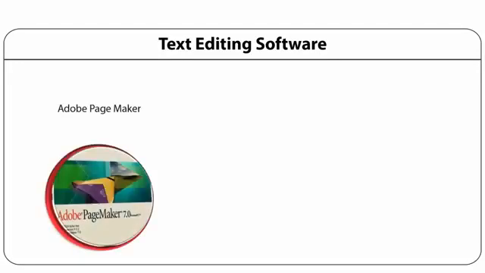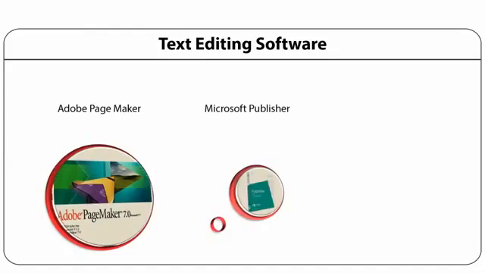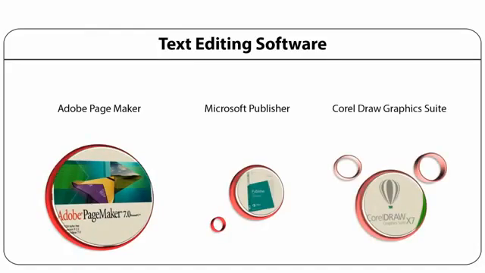The third software is text editing software. There are various types of text editing software available. First are Adobe PageMaker, Microsoft Publisher, and CorelDRAW Graphics Suite. Text editing software is mostly used for DTP purposes. The most popular text editing software we have already discussed.